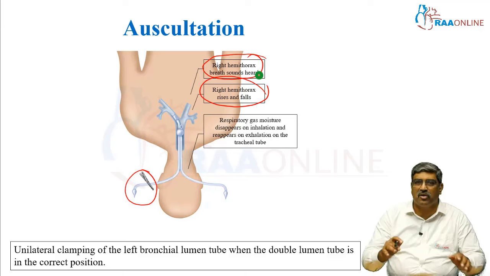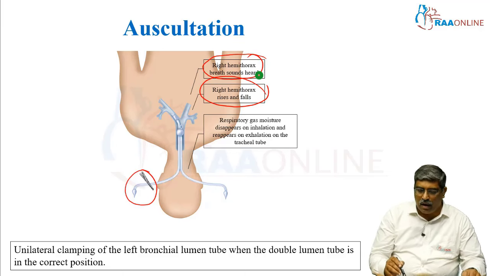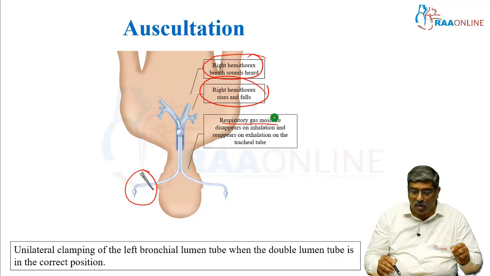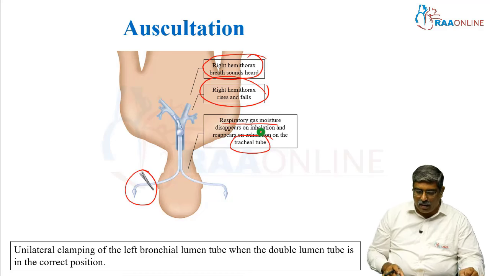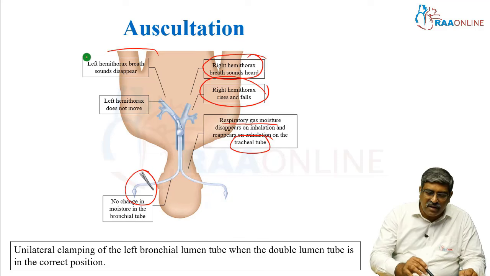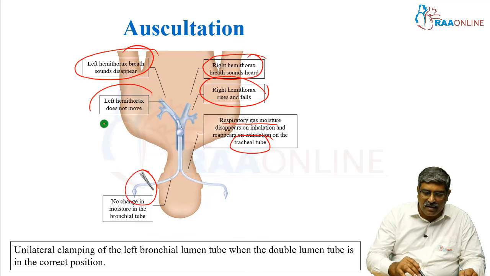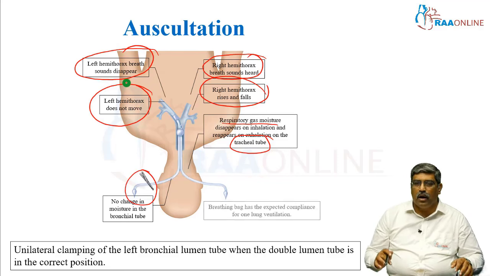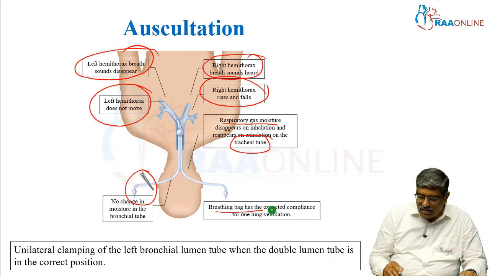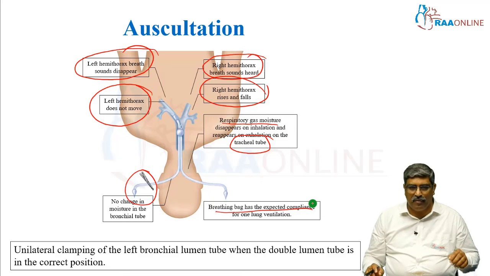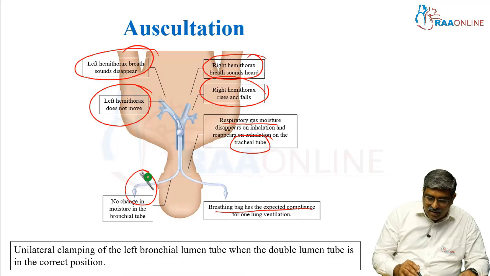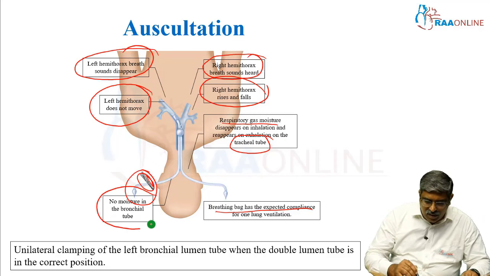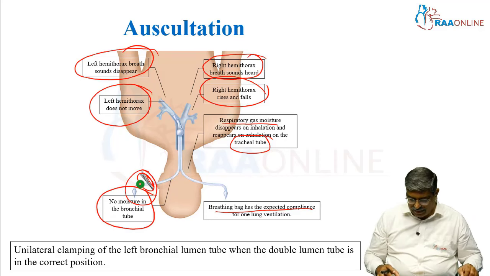The right side thorax rises and falls, and you can see the gas moisture appearing and disappearing on the tracheal tube, and on the left side there is no air entry and the left side thorax does not move at all, and the compliance is for one lung ventilation. And another important thing, as the bronchial lumen is blocked, you can see there is no moisture in the bronchial tube as it is clamped.